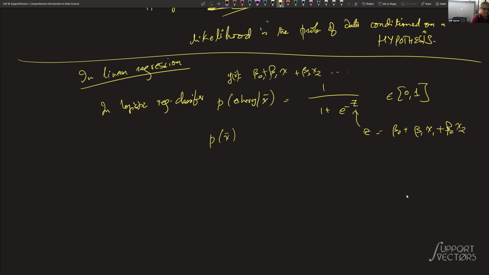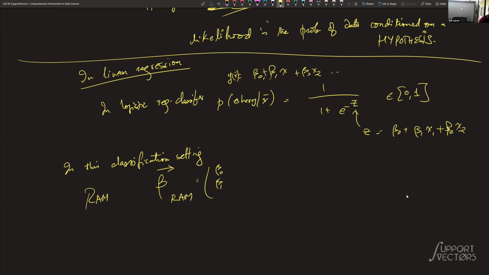So now comes this question. Suppose two different people have two different hypotheses in this classification setting. Ram has a hypothesis, a set of betas, beta naught, beta 1, beta 2 associated with Ram.